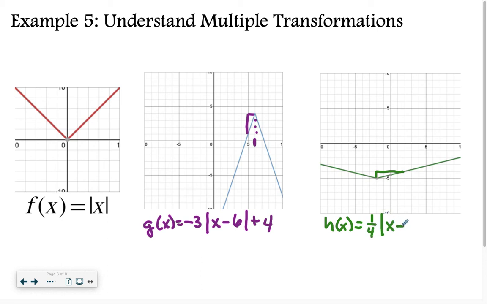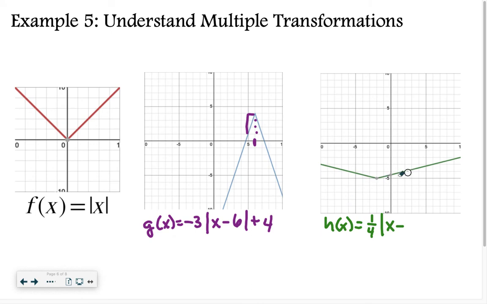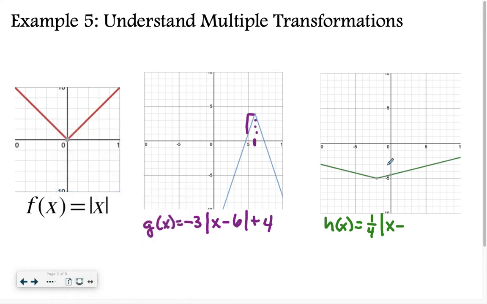And then x minus, and I'm going to look and see how far to the left it moved. It moved -1, -2. So x minus -2, x minus a negative becomes plus, absolute value of x plus 2. And then it moved down 5 units.